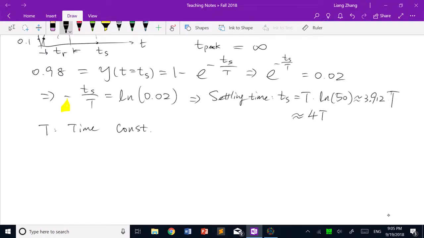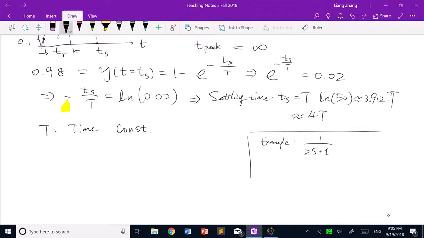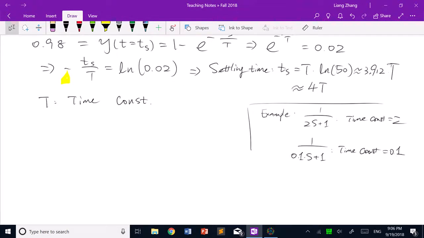So for example, if we have a transfer function 1 over (2s plus 1), the time constant will be 2. If we have 1 divided by (0.1 times s plus 1), your time constant will be 0.1, and so on.